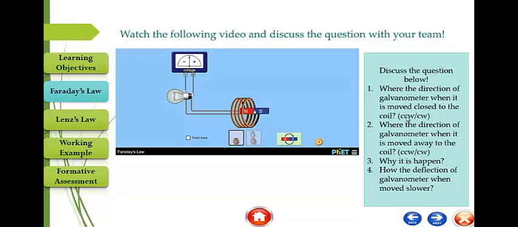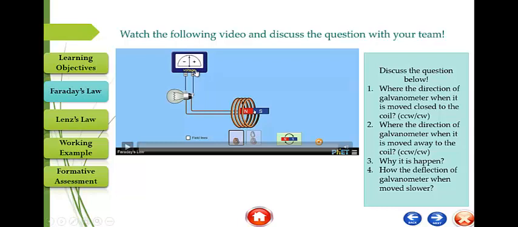Then discuss with your team the questions below. There are 4 questions. What is the direction of the galvanometer needle when the magnet moves close to the coil, counterclockwise or clockwise?